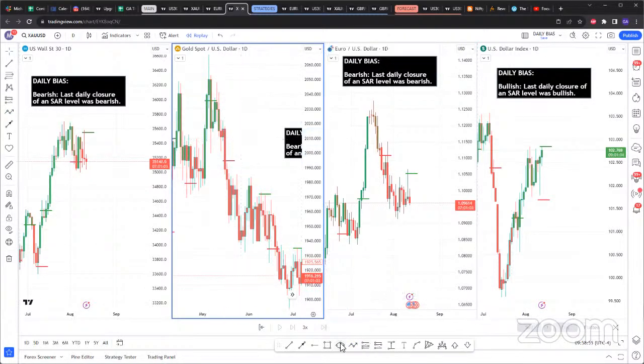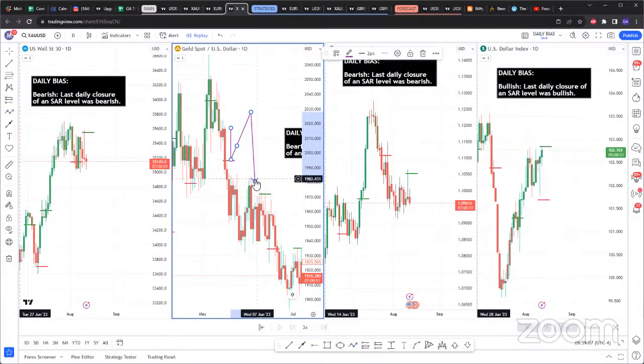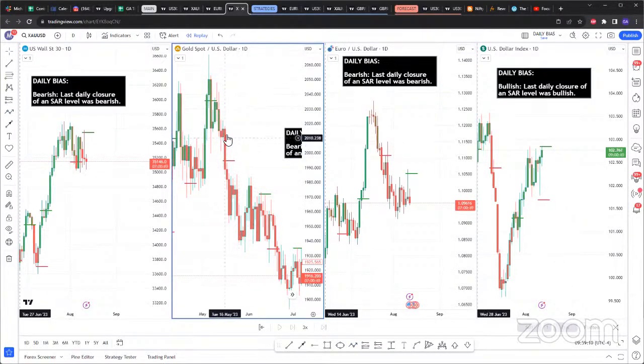If it's forming a sell right here and the previous trend was a buy, you'd expect a sharp retracement, and this is what you would expect most of the time. But you can see on this day, if you tried to continue your buys on gold right here, this candle would have smashed past that SAR it formed and closed below.